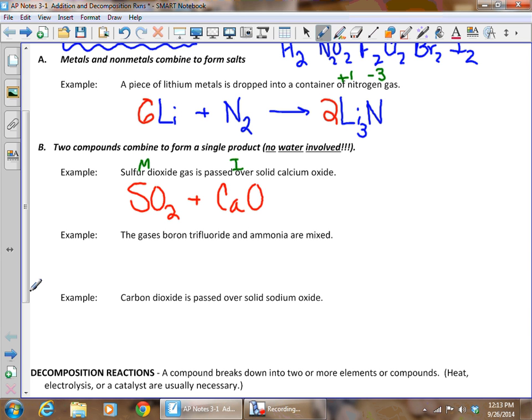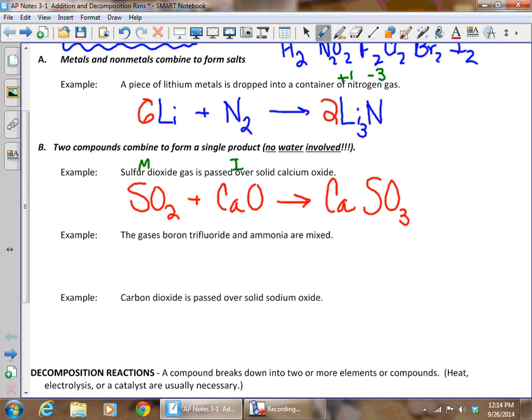Now that's when you have to start thinking, what have I seen that would contain calcium, sulfur, and oxygen? And that's where experience in chemistry comes in handy, because hopefully you'll remember that the metal always goes first in the compound. And when we're dealing with sulfur and oxygen, we've got sulfur and 3 oxygens here.